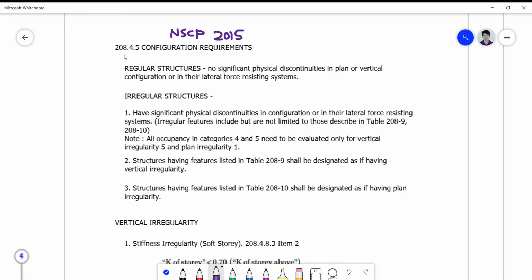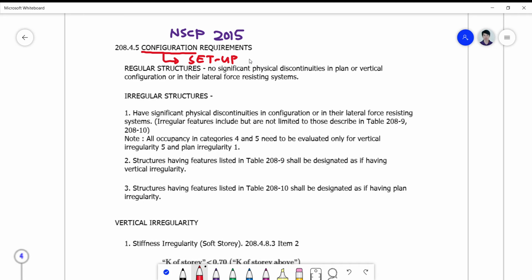Okay, so we talk about configuration requirements. When you're talking of configuration, you simply mean the setup. So how the building is actually made in such a way as to deal with the earthquake resistance behavior or concept.